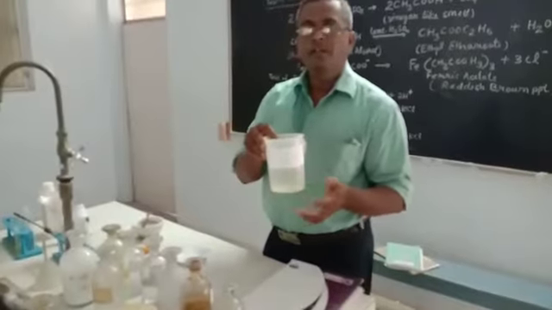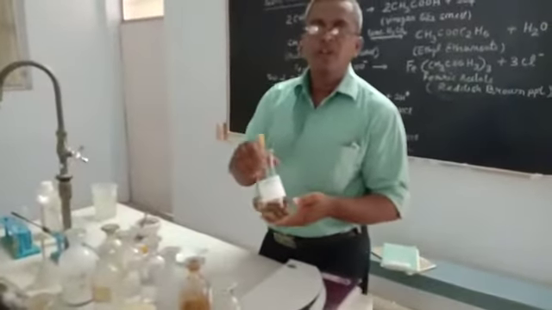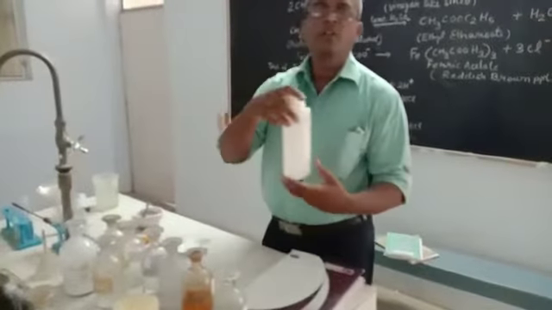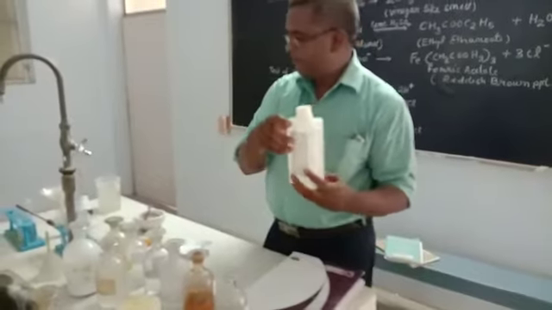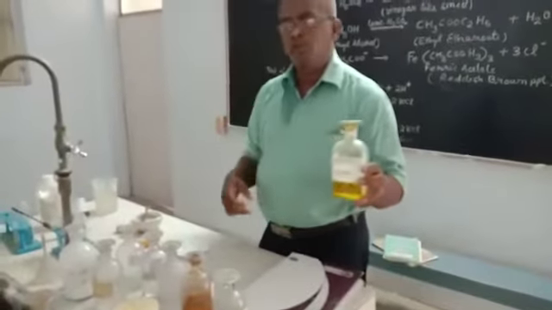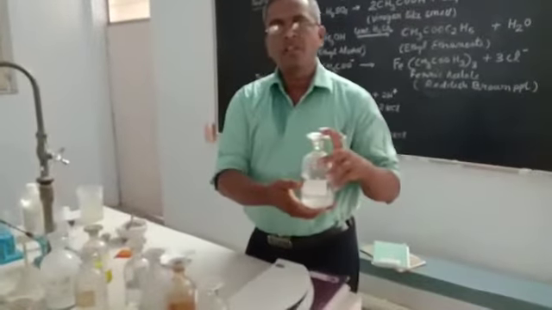This is the water. This is concentrated H2SO4. This is ethyl alcohol, known as ethanol. K2CrO4, potassium chromate. This is KI, potassium iodide.